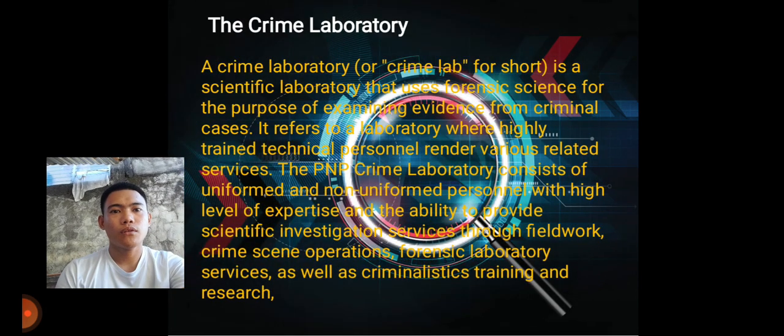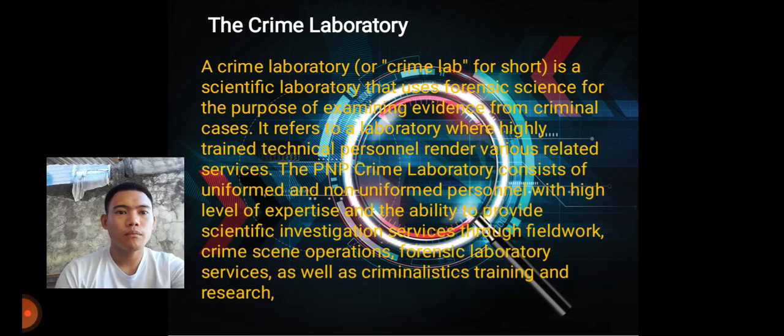Then the crime laboratory. A crime laboratory, or crime lab for short, is a scientific laboratory that uses forensic science for the purpose of examining evidence from criminal cases. It refers to a laboratory where highly trained technical personnel render various related services.